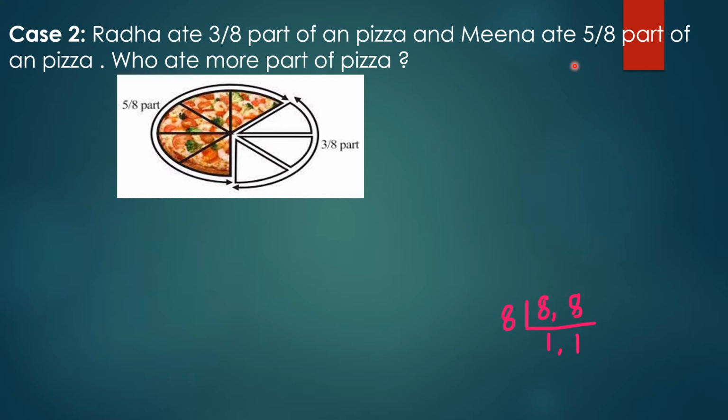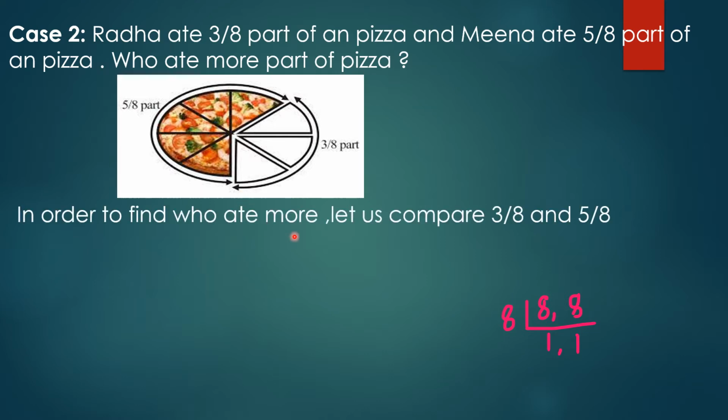Based on this, we have to tell who ate more of the pizza. Let us compare 3 by 8 and 5 by 8. Here the denominators are the same, and easily we can say 3 is less than 5. That means 5 by 8 is greater. So Meena ate more of the pizza.